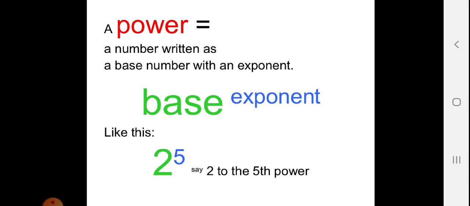A power is a number written as a base number with an exponent. The base you always write at the bottom and the exponent you always write at the top. Remember this. Here in the example, 2 we will call the base and 5 we will call the power. So, we can say 2 the 5th power, or 2 raised to 5, or 2 the power of 5.